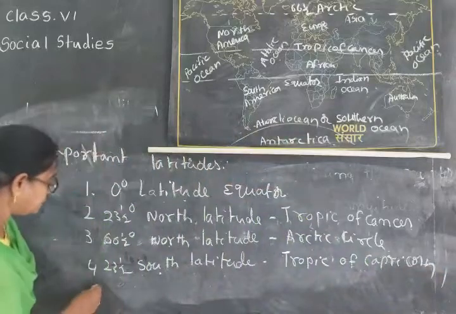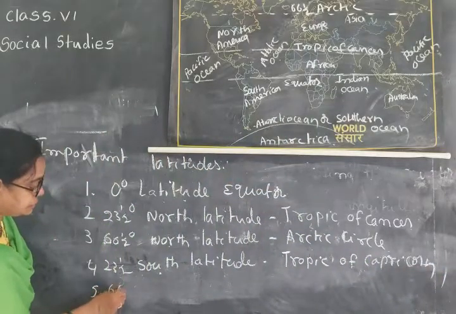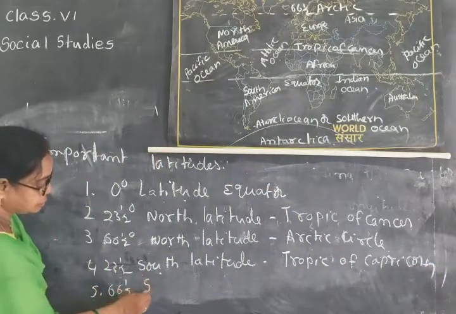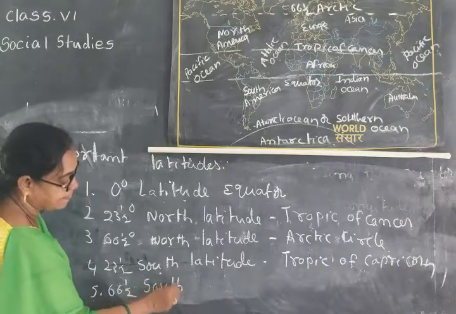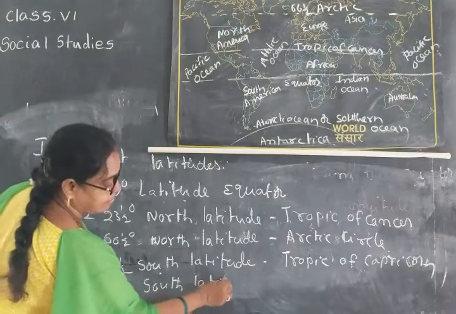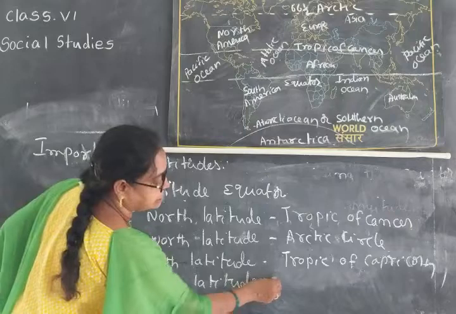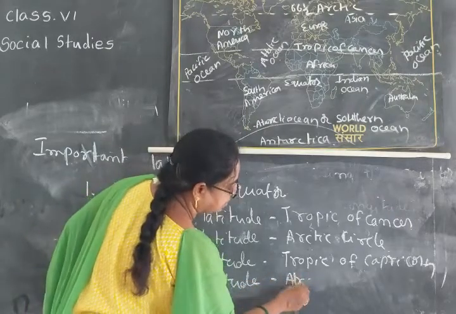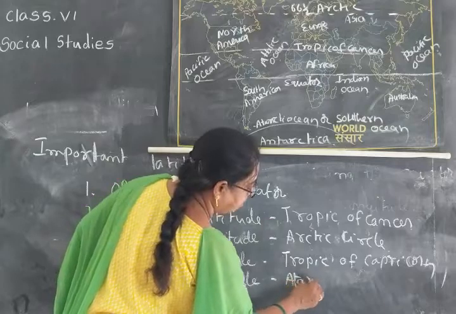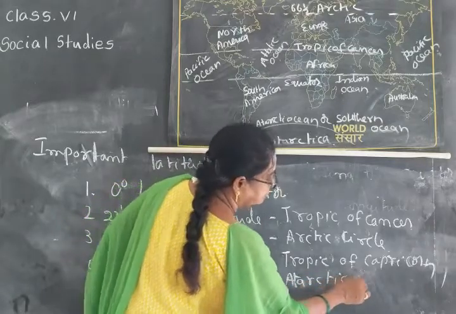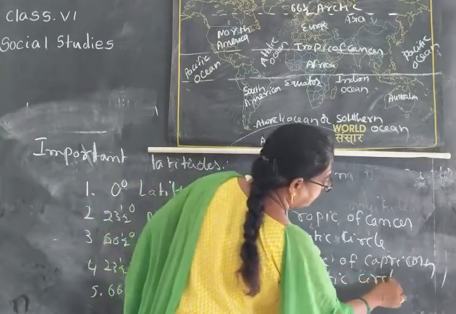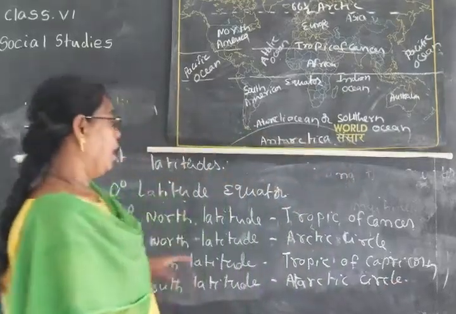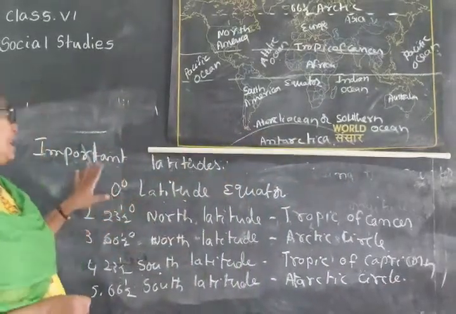And the fifth one, 66.5 degrees south latitude, is called the Antarctic Circle.